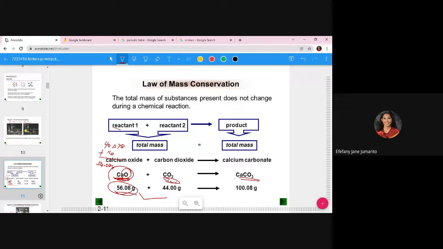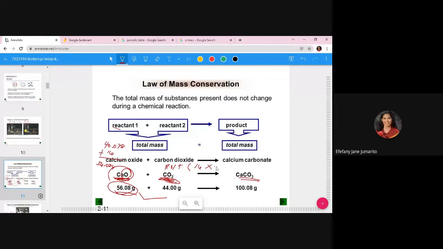Now we also have carbon dioxide. What is the atomic mass of carbon dioxide? Carbon is 12.01, plus oxygen, we have 16. How many atoms of oxygen are here? Two, ma'am.